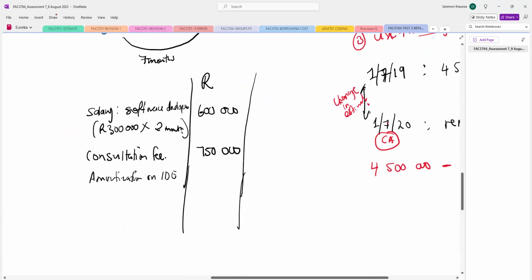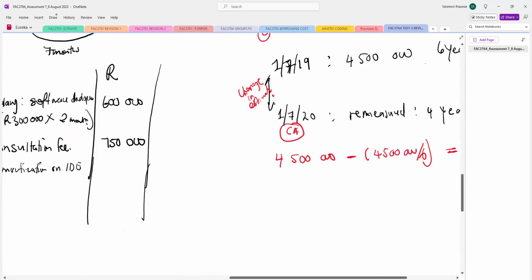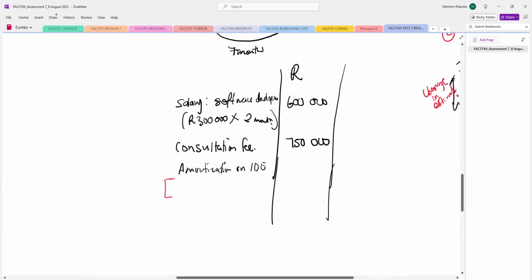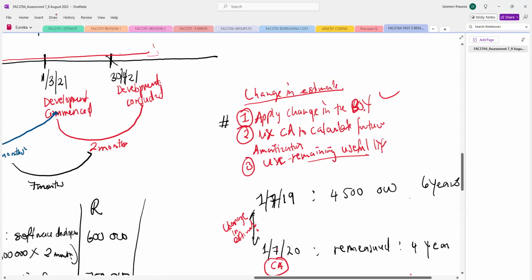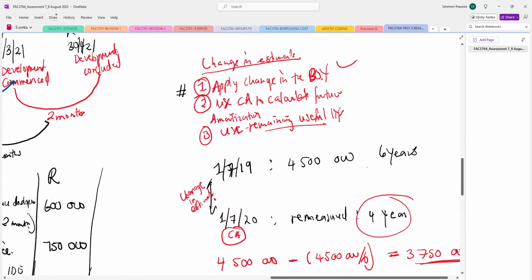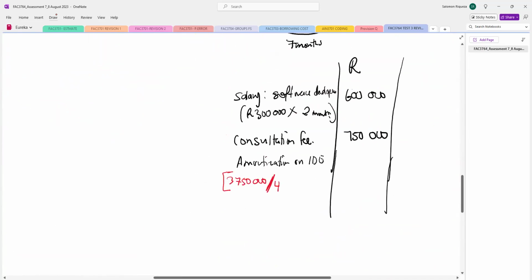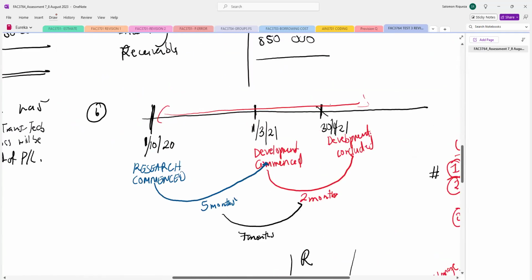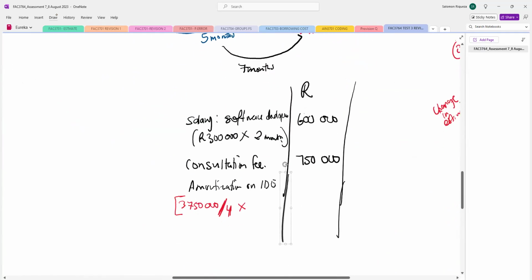So now I can calculate my amortization as follows. Use the carrying amount, which is 3,750,000. Use the remaining useful life, which is 4 years, but only for the period pertaining to development, which is my 2 months.